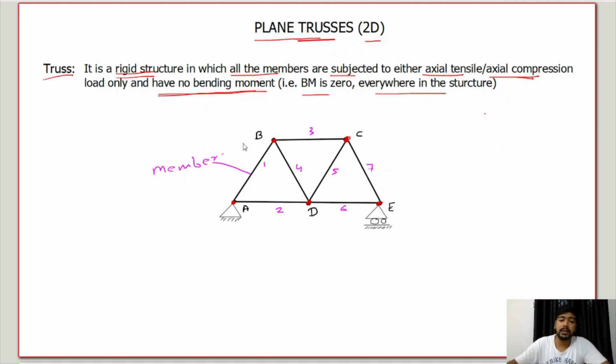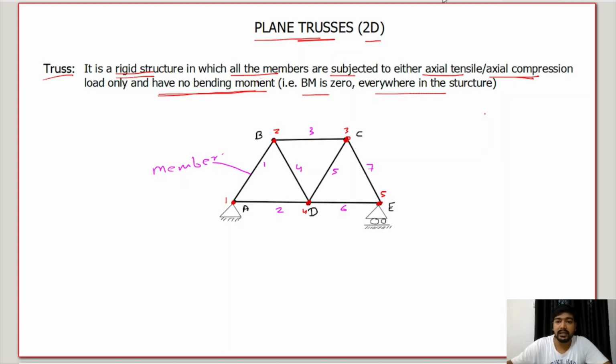So how many joints are there? This is the first, second, third, fourth, fifth. So in this 5 joints are there.